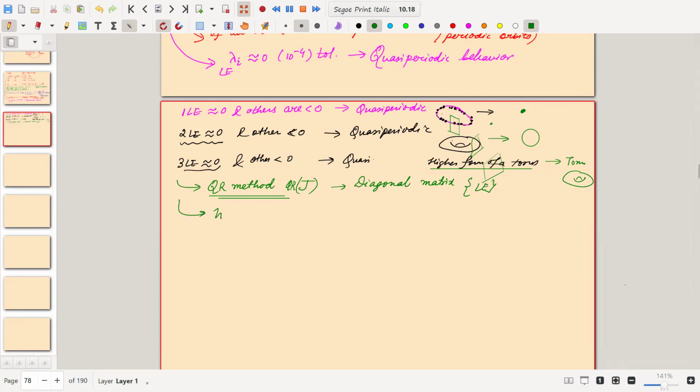There is something well known as Wolf's algorithm. This is a very old algorithm, but very robust, so people still consider this in many applications.